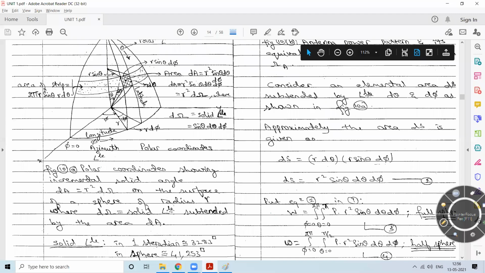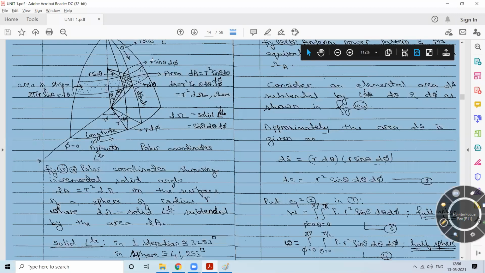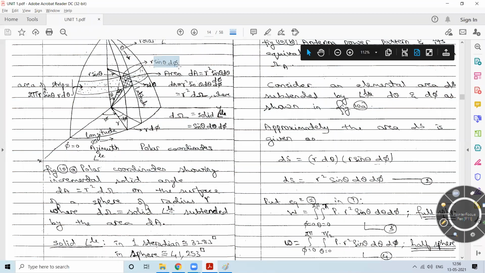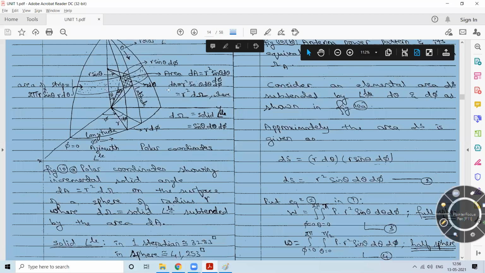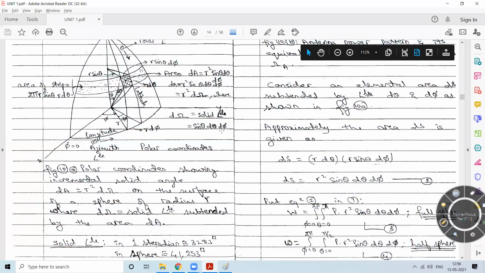So here you can observe that this is given by r sine theta. This one is given by r sine theta d phi. So this part gives you the angle information, and in this case d theta gives you the elemental angle information. When I multiply these two elemental angle informations, I'll get what is known as the elemental solid angle.